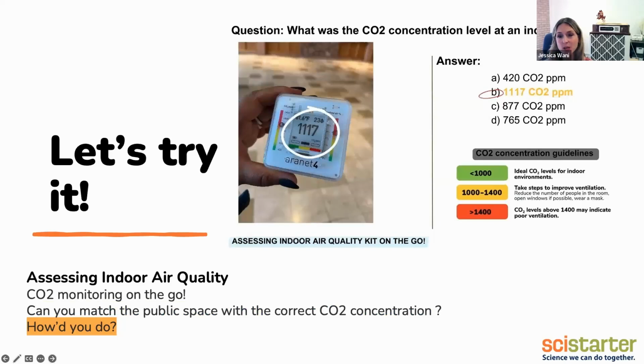In some ways this makes sense, right? We don't have a total sense of how many people were there, but we can probably guess. Ventilation wasn't super great. But again, we're not in a danger zone where you want to run out of the building. But you might think about steps to improve ventilation.